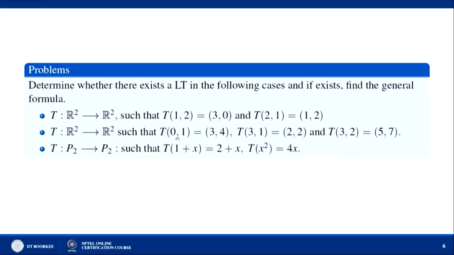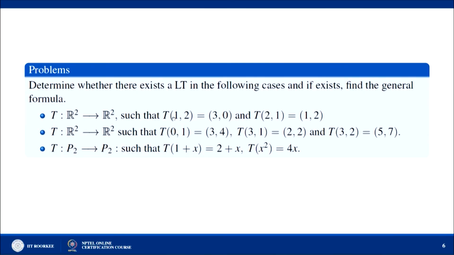In the first example, we had only 2 conditions and the vectors were linearly independent. Here we have 3 vectors.